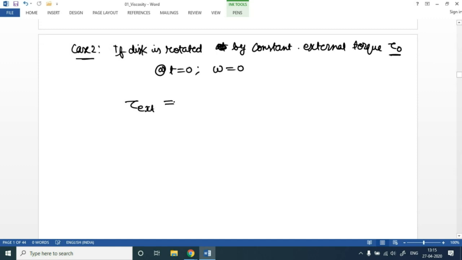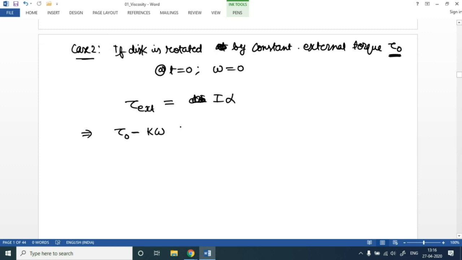Tau external is equal to nothing but I alpha. So tau external here is going to be equal to the external torque we are applying, and apart from that, the retarding torque will also be acting, which we have already found out, and its magnitude is nothing but k times omega.